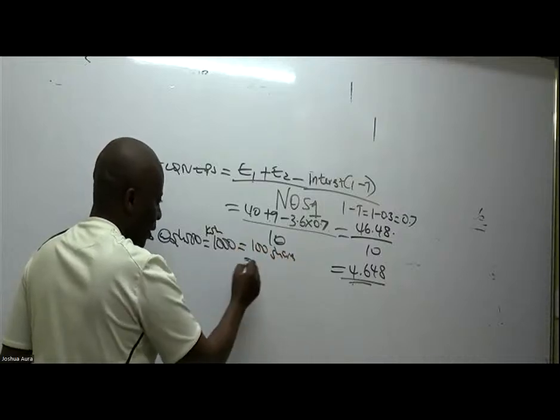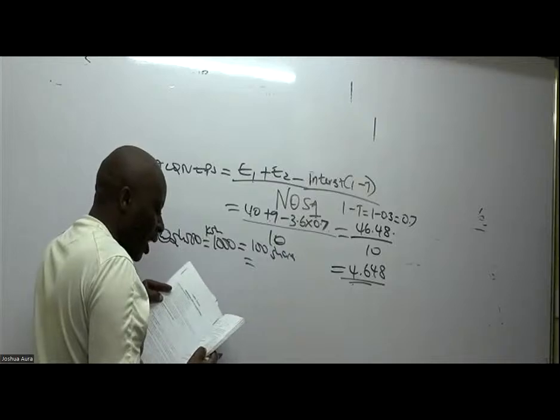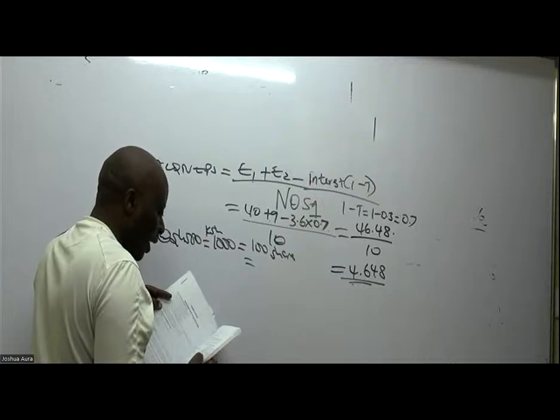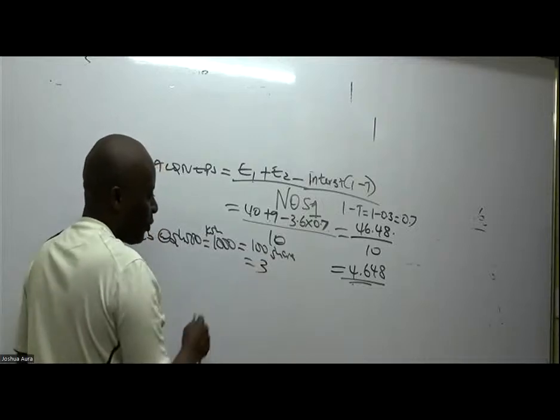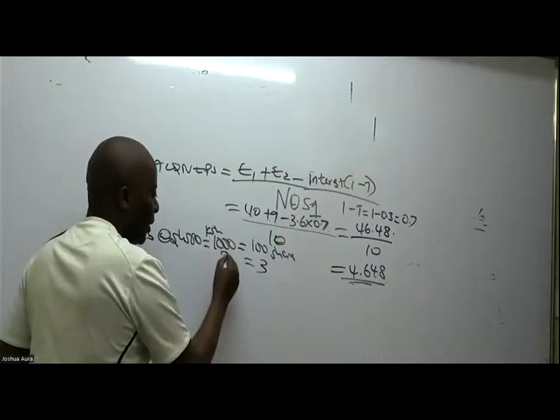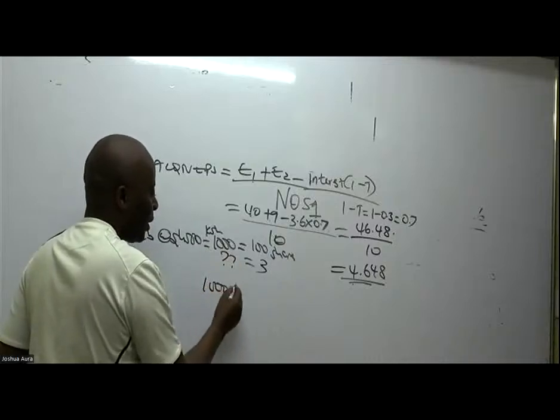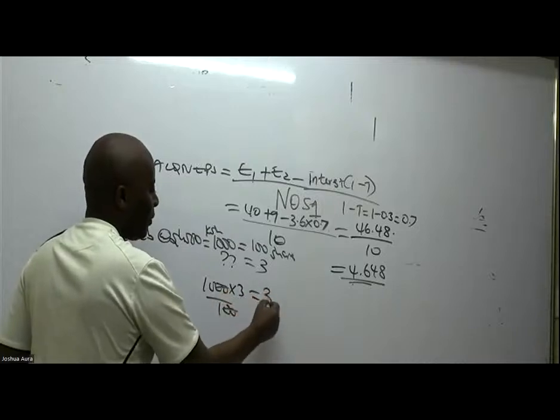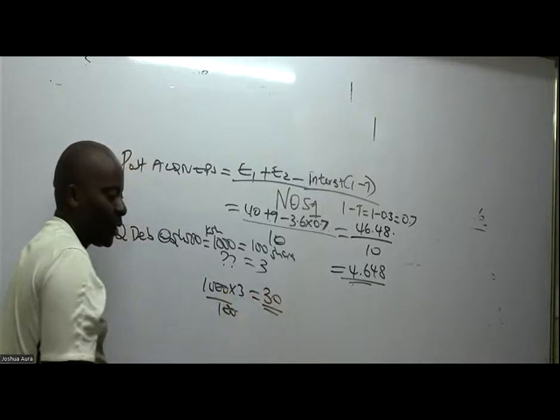What about them giving us all the shares that they have? They have 3 shares from the table. So it will be 1,000 times 3 over 100, which gives me 30 million.